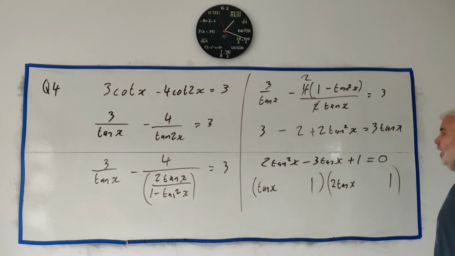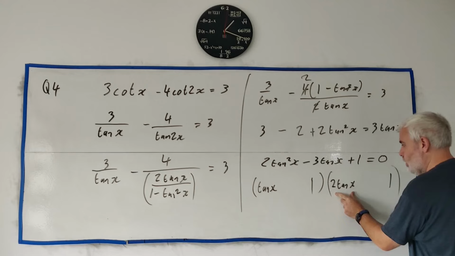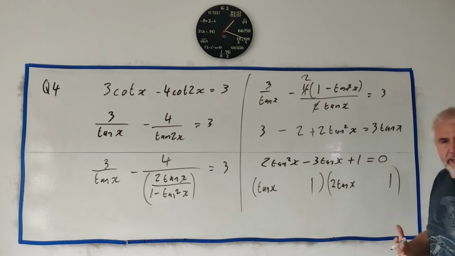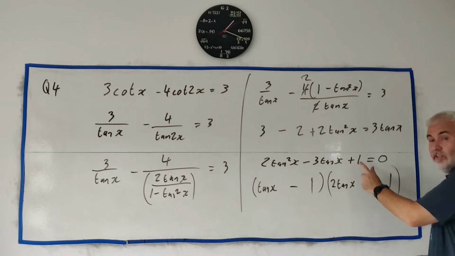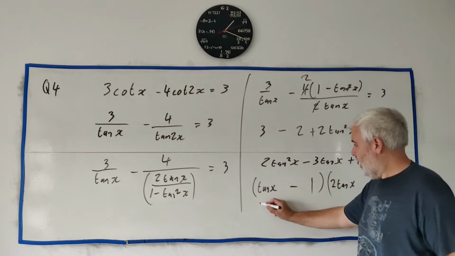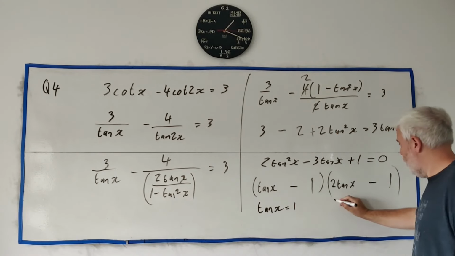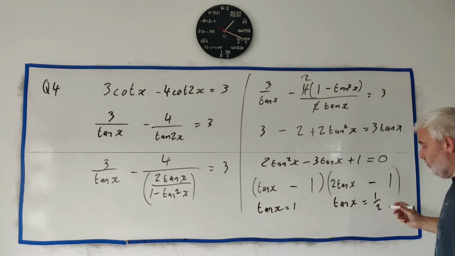And this does work out. Tan by 1 and 2 tan by 1 gets you 3 tans. That's what we want. Oh, hang on, it's minus 3 tans, so we need minus 1 and minus 1. But that still gets us to a plus 1. So here are our answers: tan x equals 1, or tan x equals 1/2.